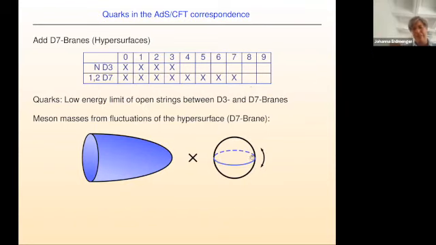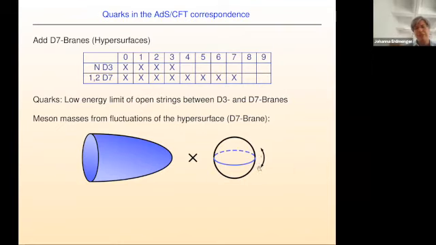So this blue line corresponds to these 3 additional dimensions, and then I can study how this fluctuates. The energy eigenvalues of these fluctuations give us the masses of our particles in the dual gauge theory. So this picture at the bottom is what happens on the gravity side.